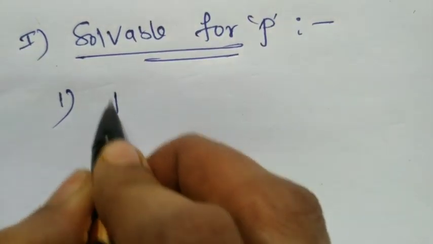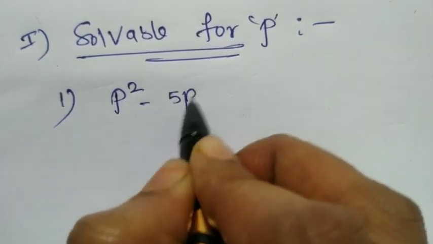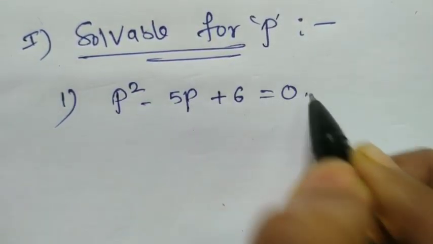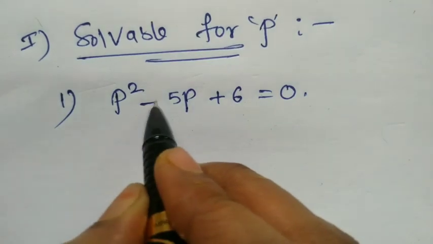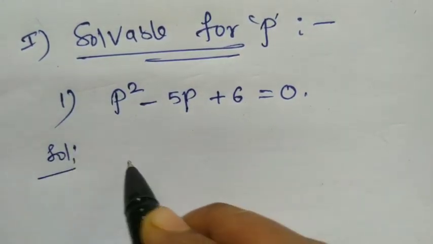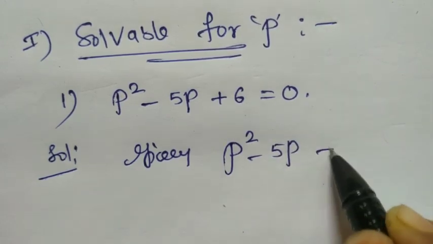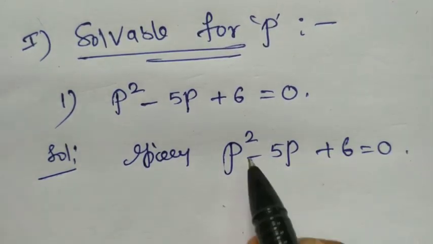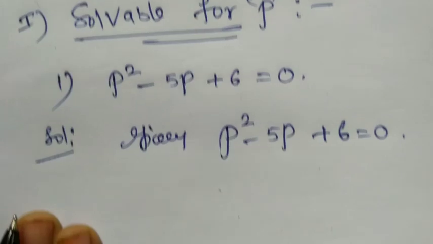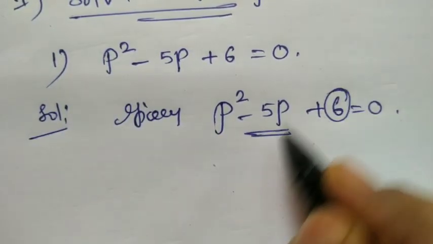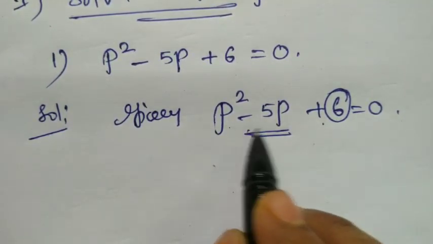So the first problem: p square minus 5p plus 6 equal to 0. By using the factors method, 6 is 2 into 3.